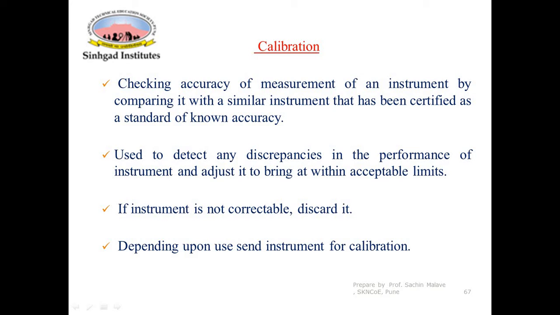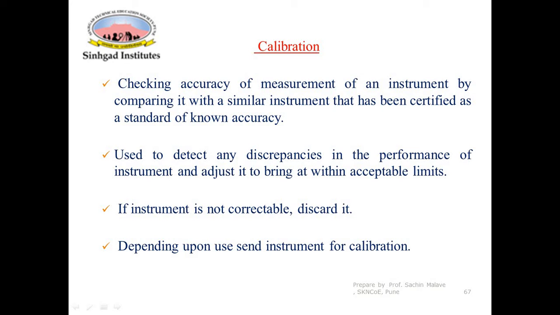Calibration is nothing but checking the accuracy of the measurement of an instrument by comparing it with a similar instrument that has been certified as a standard of known accuracy. It is very important. Many times this question is asked at the time of the oral itself.